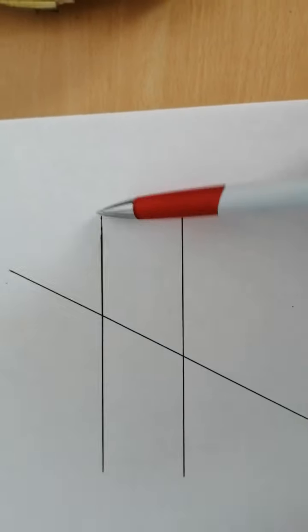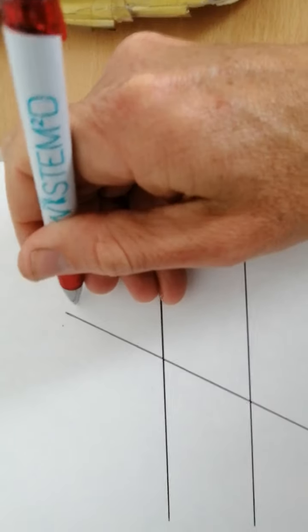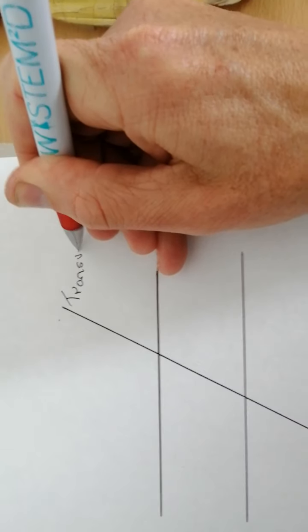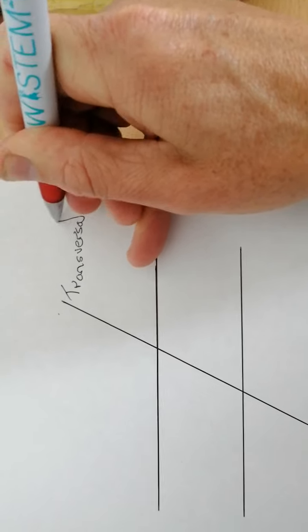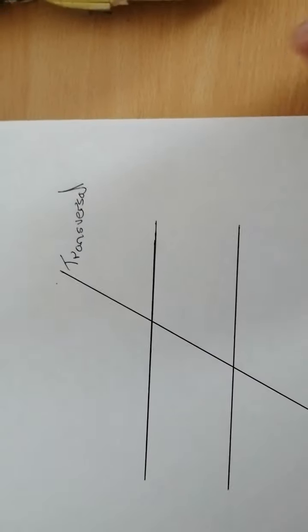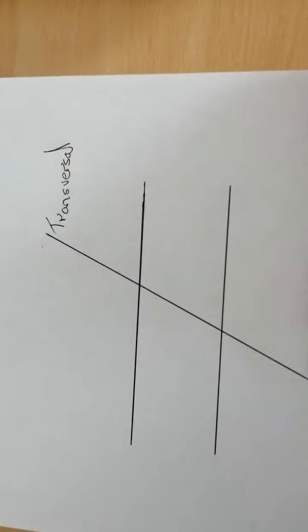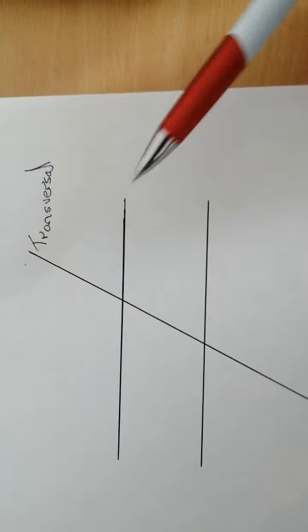So two parallel lines, and we call this line here a transversal. Transverse is to cross over, okay? So this line crosses over these two lines, so it's a transversal.